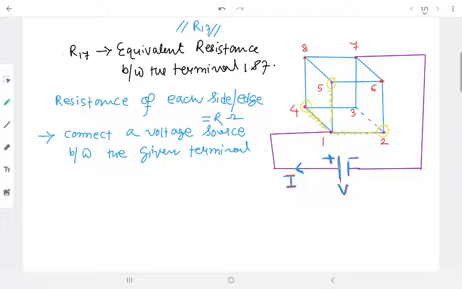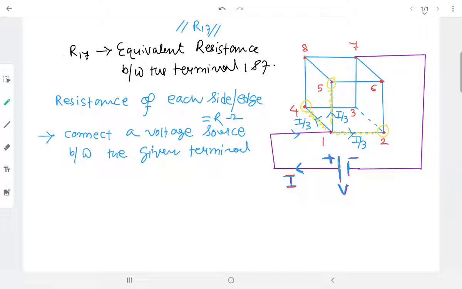Now we need to understand that if this current is I, then this current will be I by 3, this current will be I by 3, and this current will be I by 3 ampere. That means current is dividing equally.